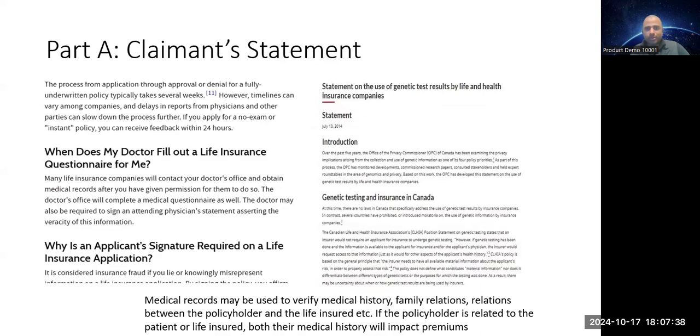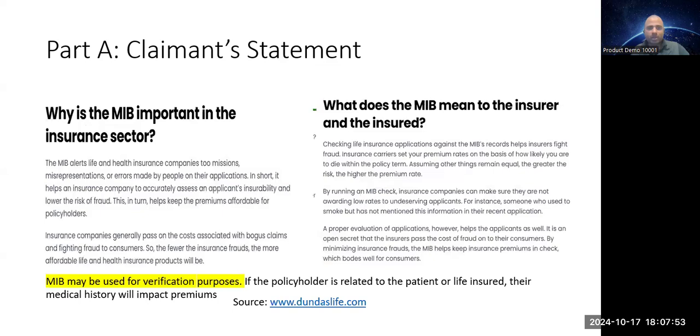Your medical records may also be used to verify medical history, your family relations, and relations between the policyholders and the life insured. If the policyholder is related to the patient or life insured, their medical history will impact your premiums. Now, MIB is used for verification purposes.